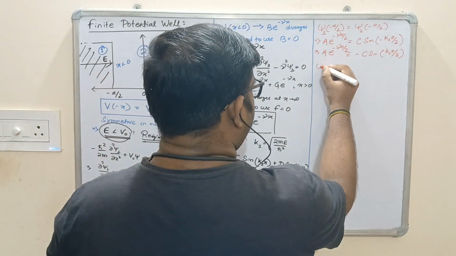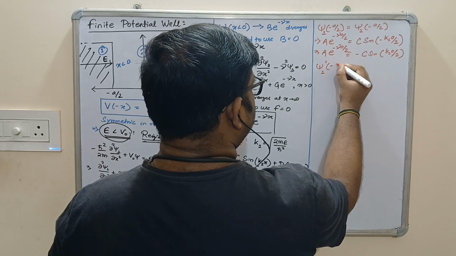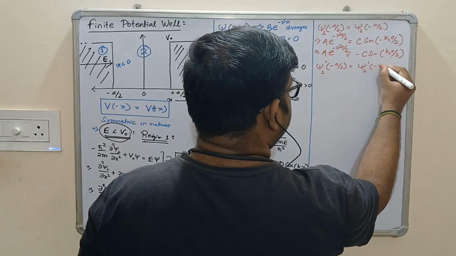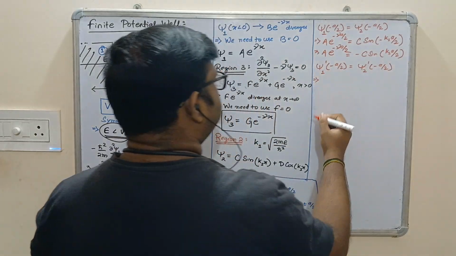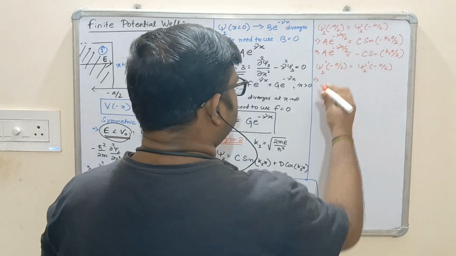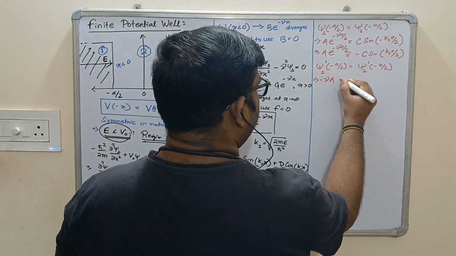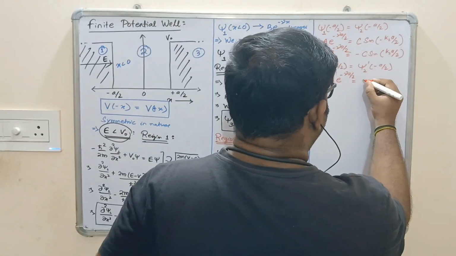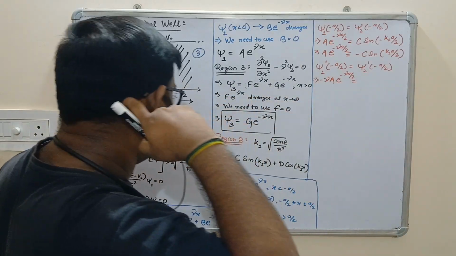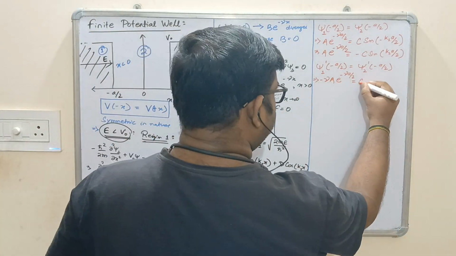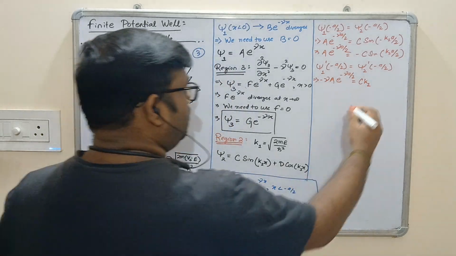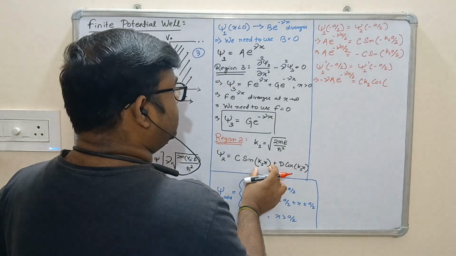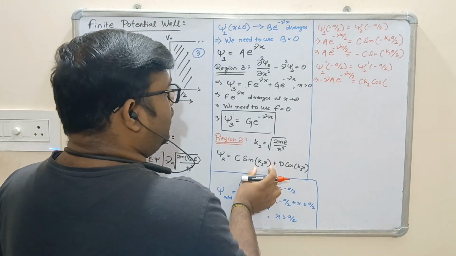Now let's take the derivative of it. Psi 1 dash at minus a by 2 has to be equal to psi 2 dash at minus a by 2. When you take the derivative, it becomes minus nu A e to the power minus nu a by 2 equals plus C k1 cos.